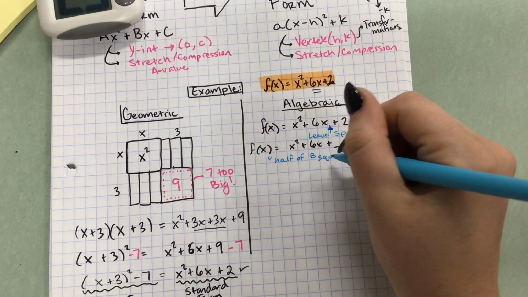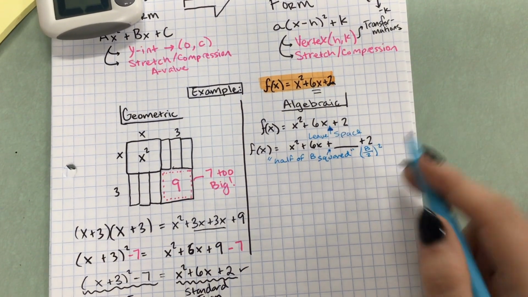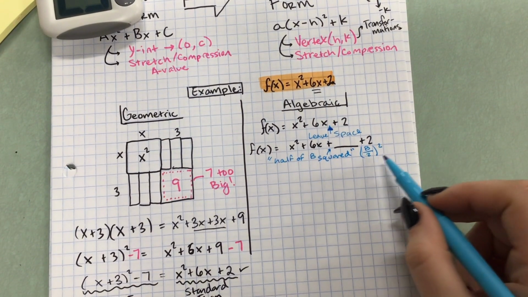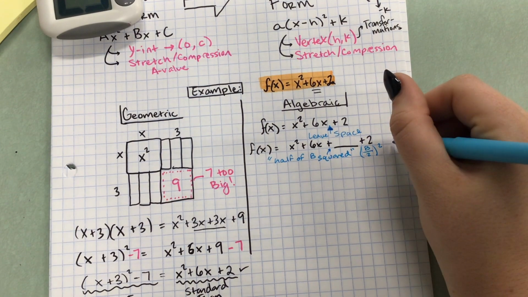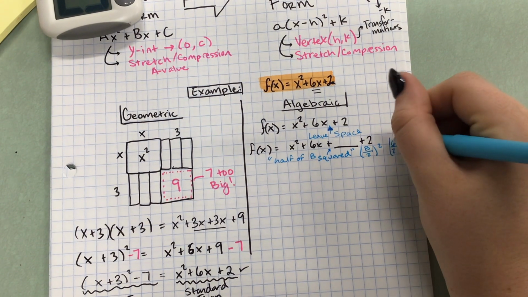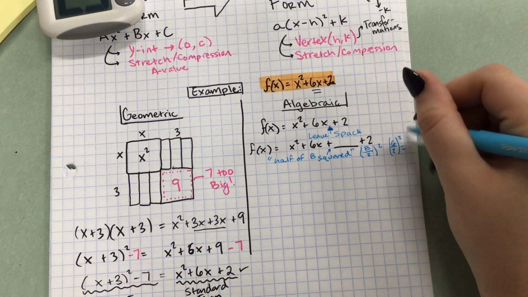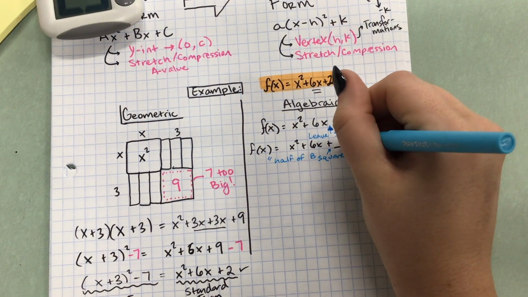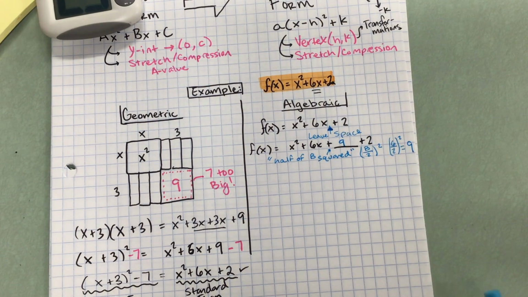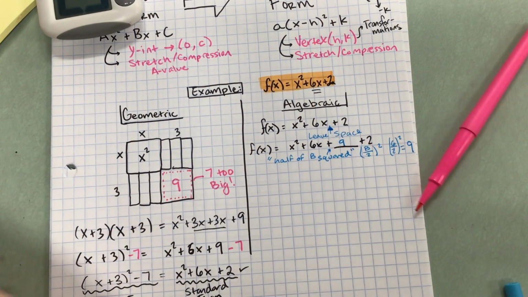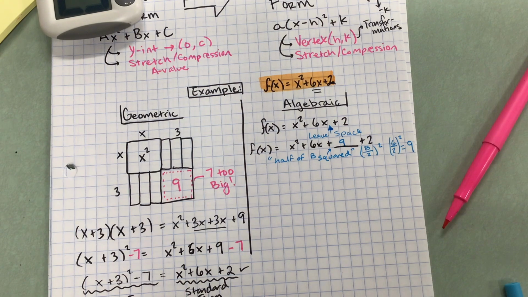So what goes right there? That would be 6 over 2 to the power of 2, which gives you 3 squared, which is 9. Let's move forward.